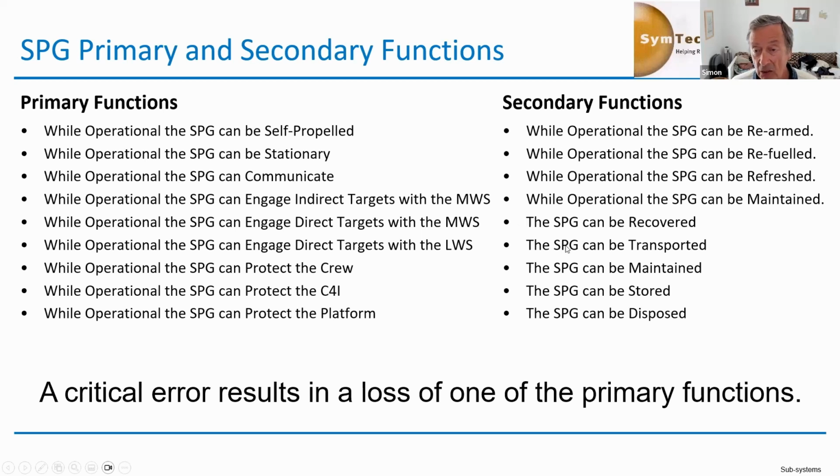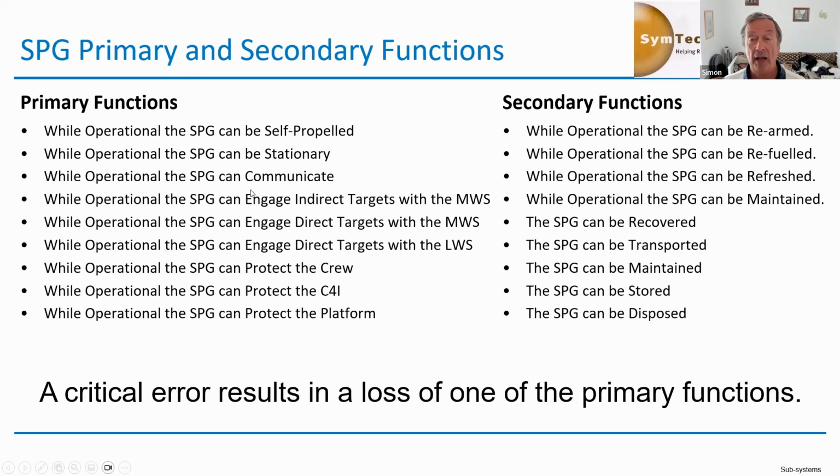If it loses the ability to be recovered, well, that's a pity, but it's not a primary function. And critical errors were then, we could say, right, so many critical errors. I can't remember the exact requirement, but something like there can only be 4 critical errors per year, per 10 years, I think it was. And so what is a critical error? The loss of one of the primary functions.